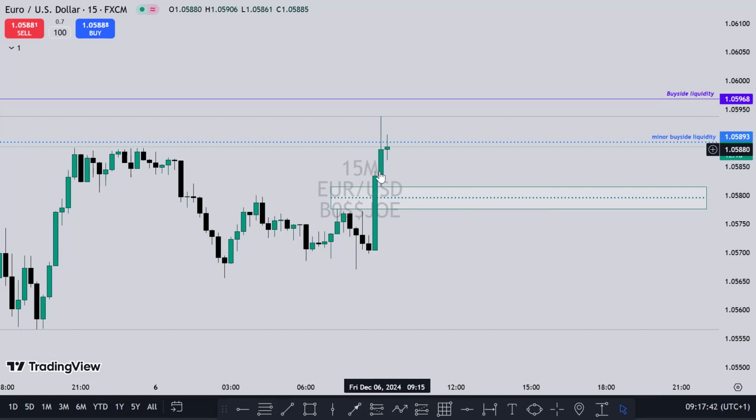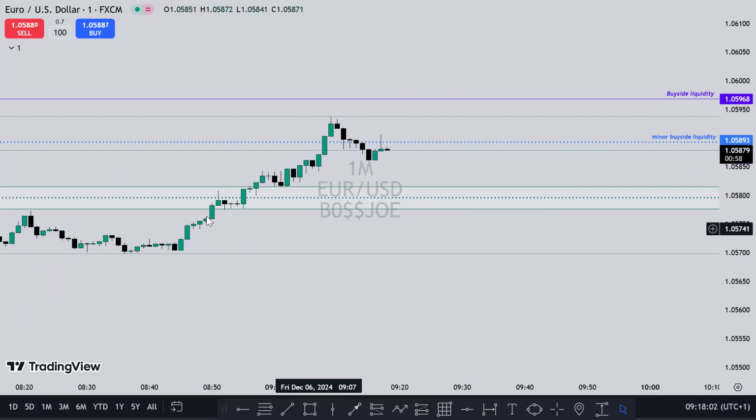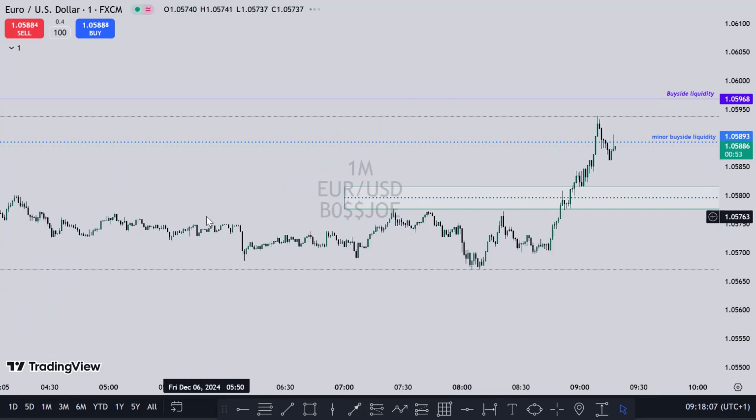For example, now, I might support the idea of EU reaching these points. Are you seeing this buy side right here? But I don't see anything that interests me to engage. Are you seeing what I'm saying? There's nothing that interests me to engage in this price action.